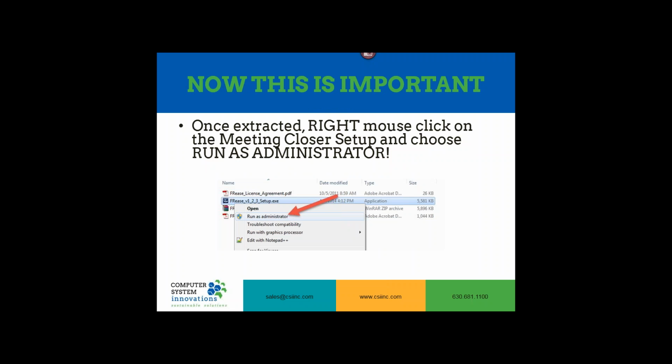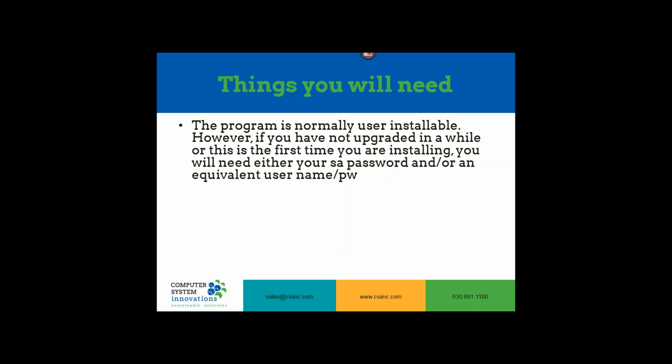When you're ready to install it, you want to right mouse click on it and say Run as Administrator. That's really important because Freeze needs to make sure it has plenty of power on your machine to make the changes it needs to. You should have no issues as a regular user installing it. However, if you have not upgraded in a while, or it's the first time you're installing Freeze, it's going to ask for your SA password or an SA equivalent.